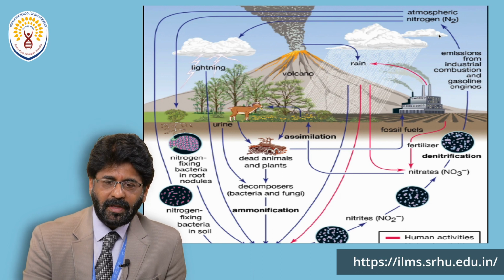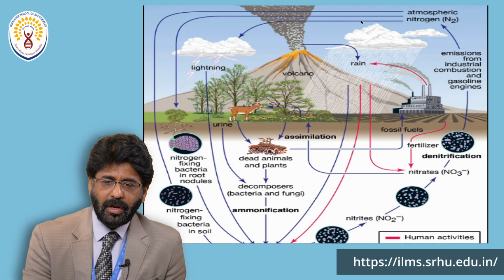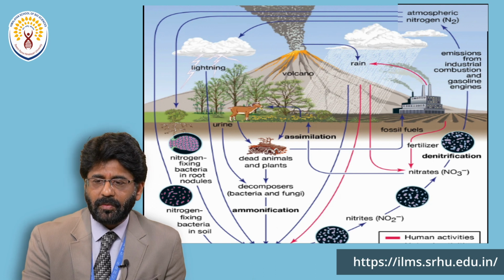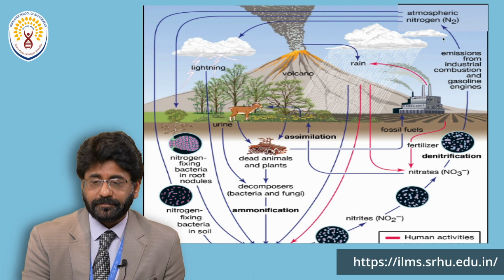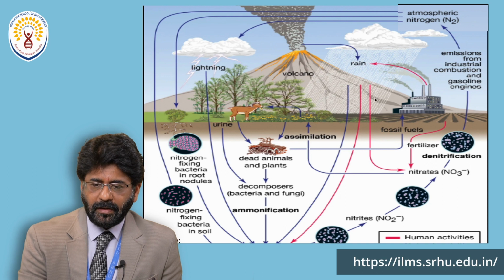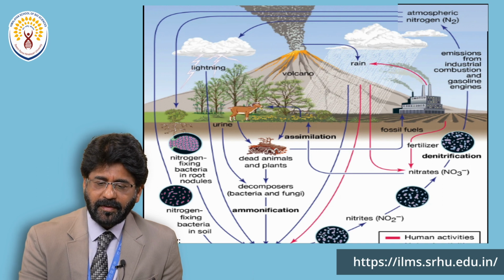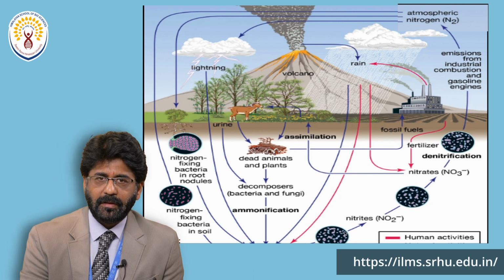So what is happening? A cycle is taking place. A huge amount of nitrogen is coming from the atmosphere to the soil, and from the soil a huge amount of nitrogen is returning to the atmosphere. This process is performed with the help of nitrification, basically the microbes.